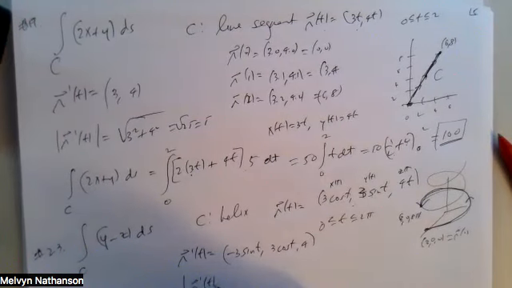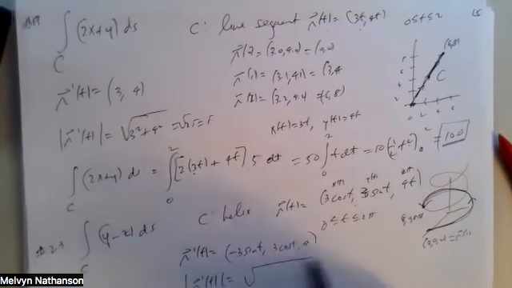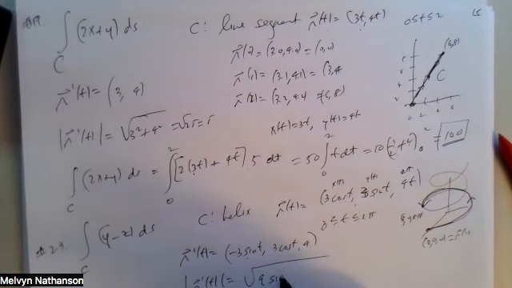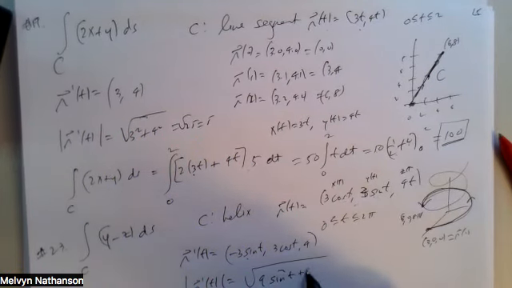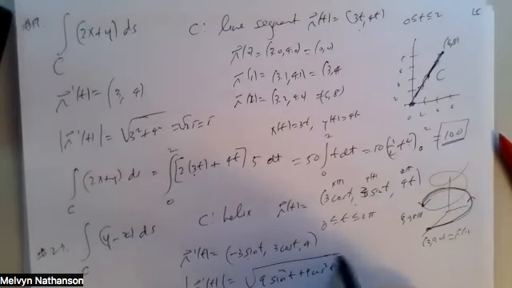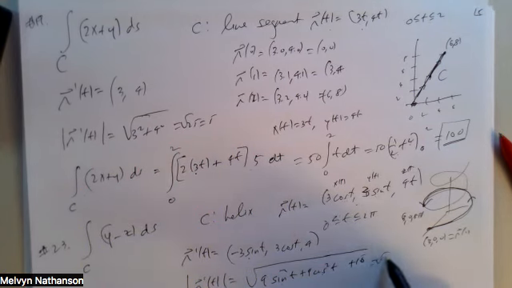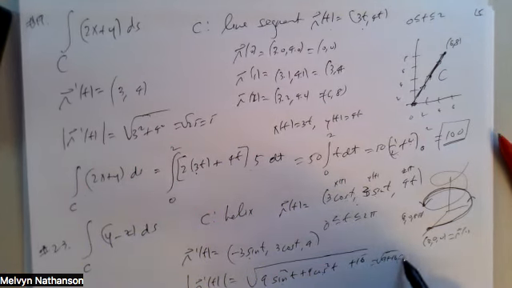The length of this vector is the square root of 9 sine squared t plus 9 cosine squared t plus 16. Sine squared plus cosine squared is 1, so this is the square root of 9 plus 16, which is 5.